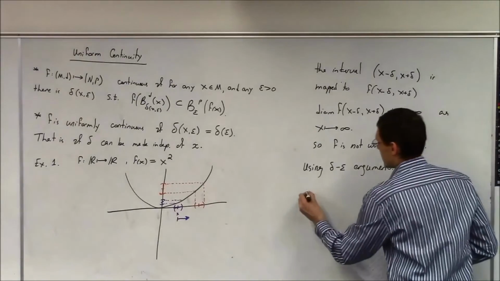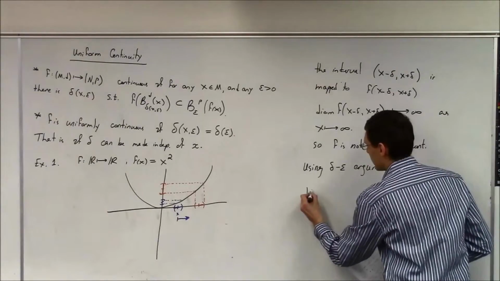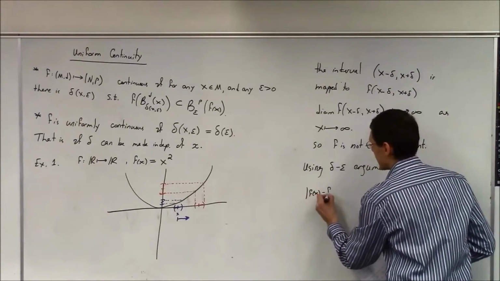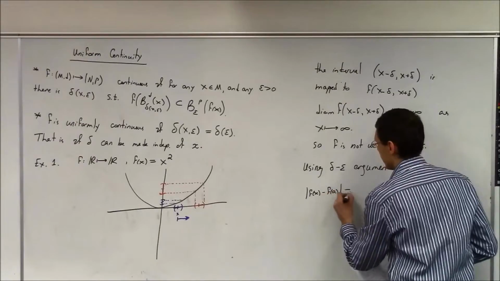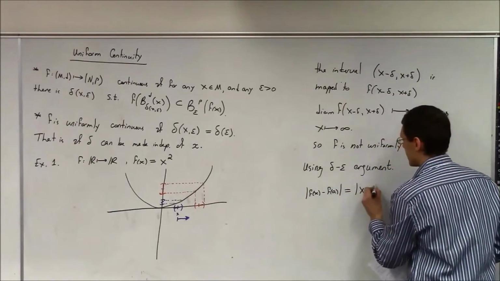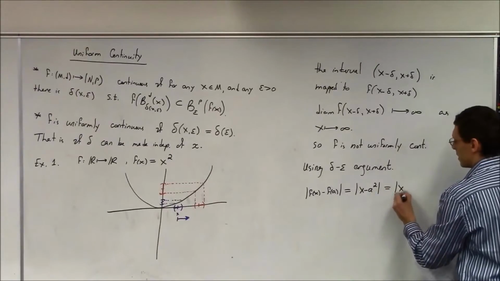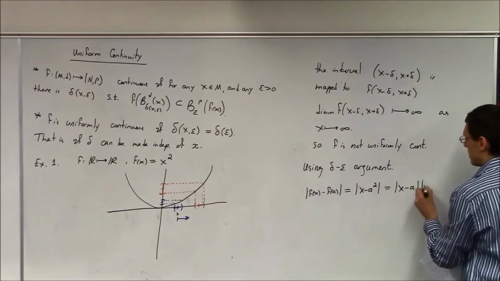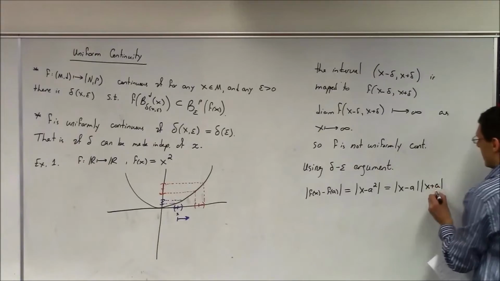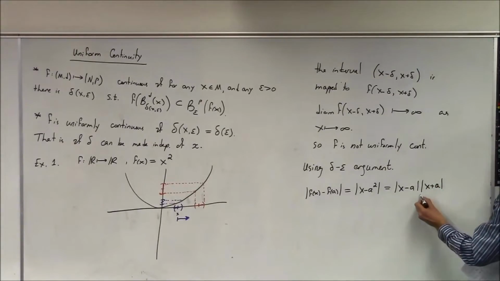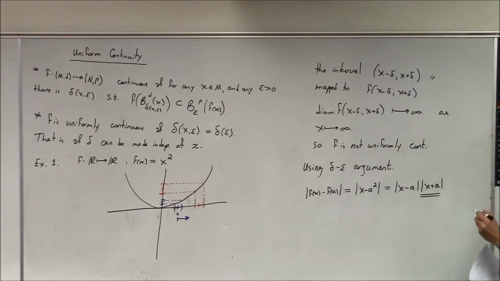We can show that if I take f of x minus f of a, that will be x minus a squared, and then I will factor it. I will write it as x minus a times x plus a, and then I will make x plus a bounded by some k. So I'll make it less than or equal to k times x minus a.